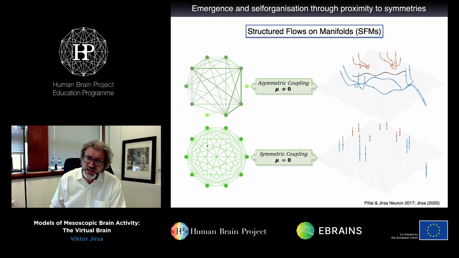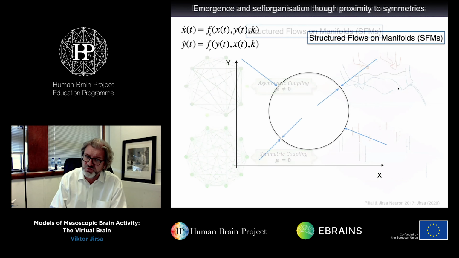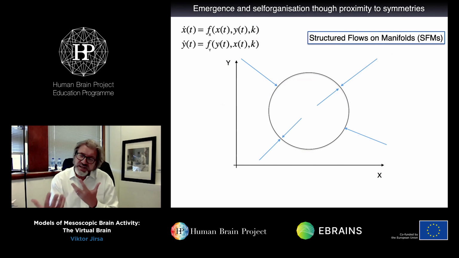And when we break the coupling and introduce an asymmetry, it is actually the asymmetry that generates a flow on the manifold that exists when I'm in the fully, symmetrically coupled state. And this asymmetry expresses itself as a flow that is obtained when minimizing the free energy in the sense of Karl Friston.